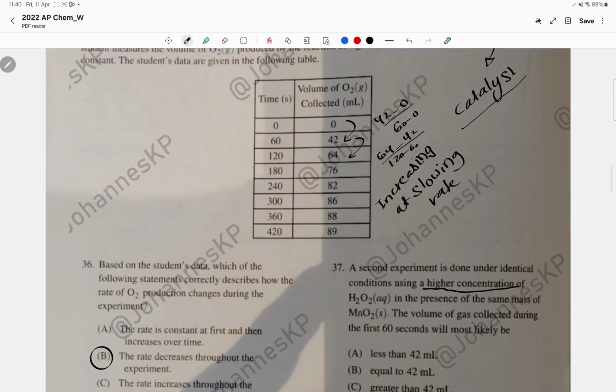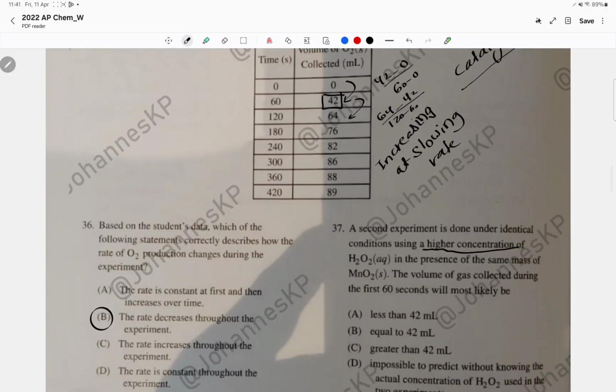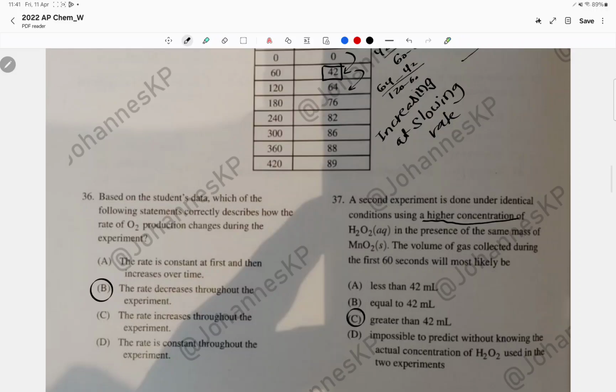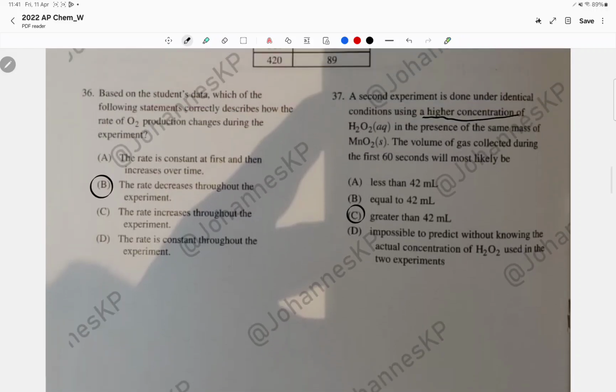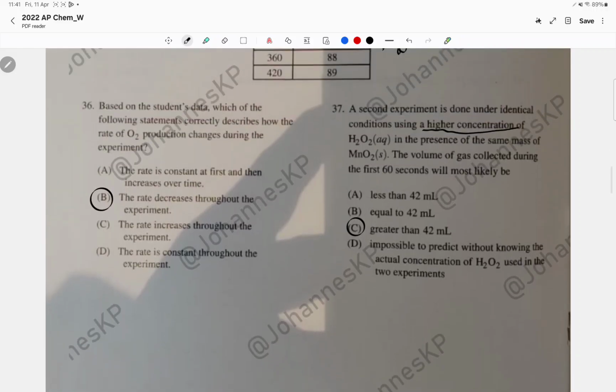Back then, we collected 42 ml of O2 in 60 seconds. But now, with a higher concentration of H2O2, you expect to collect more than 42 ml, correct? Because you have the same amount of the catalyst. Yes, but look, you just have more reactant, and more reactant means more product.